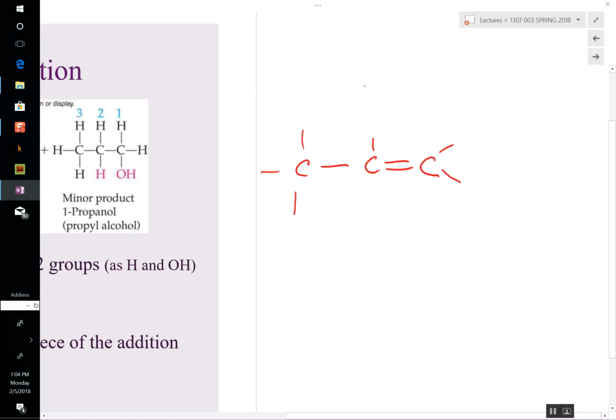I could add the hydrogen there and the hydroxyl there, or I could add the hydrogen there and the hydroxyl here. There are two options. This hydrogen could go on the end, and the hydroxyl could go in the middle of the molecule, or the hydrogen could go in the middle and the hydroxyl on the end.